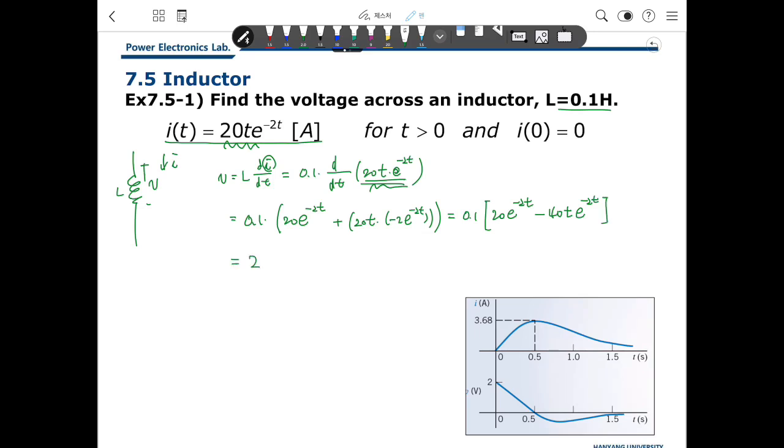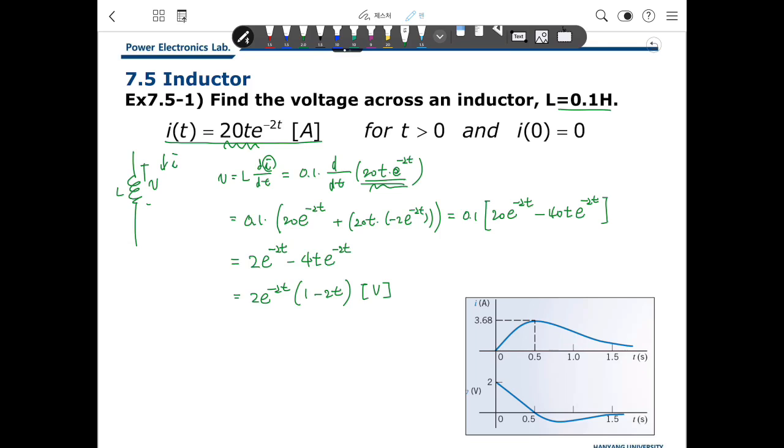So we can rewrite it as 2e^(-t) minus 2t e^(-t), so we can make it simple, e^(-t)(2 minus 2t). You know this is volts.